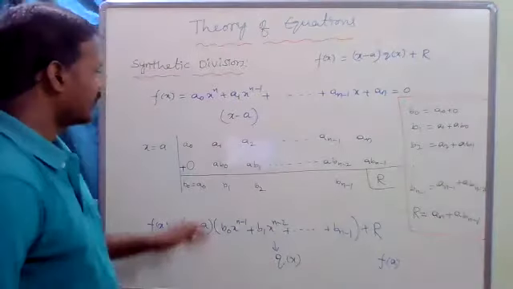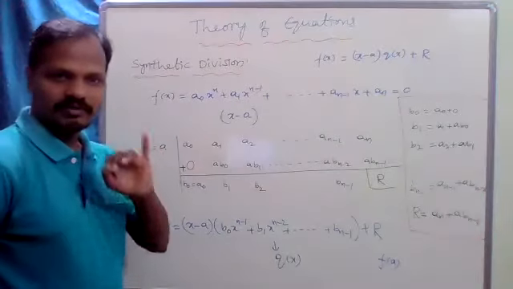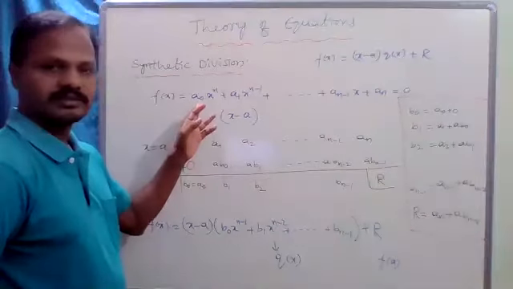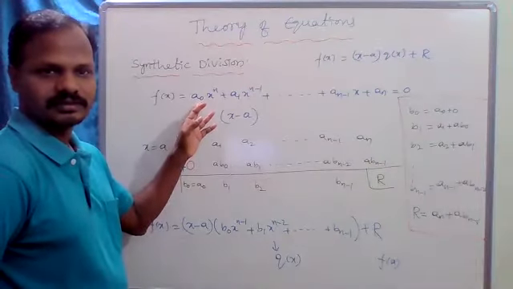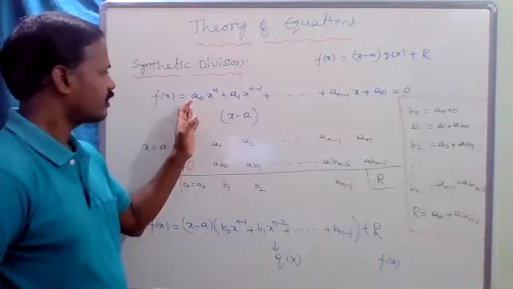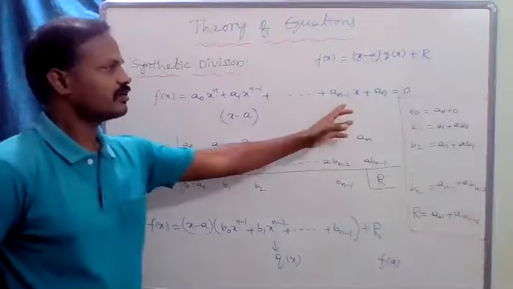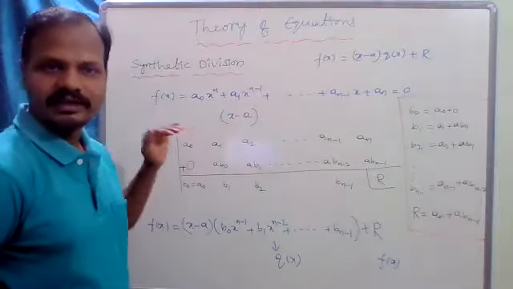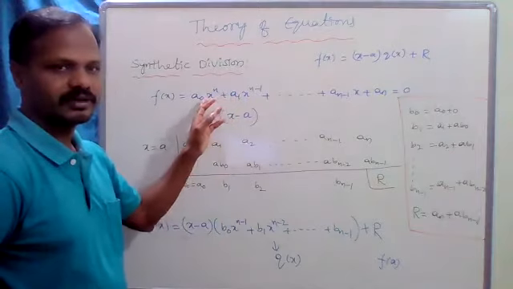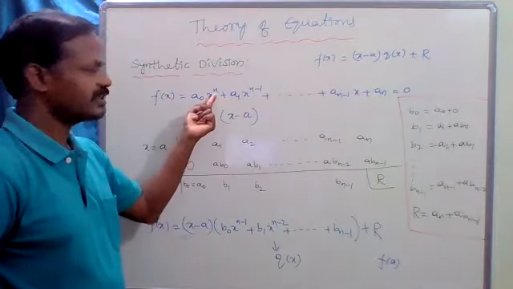Okay. Sorry. The first step is you have to write the coefficients in the polynomial equation. The coefficients are a0, a1, a n minus 1, a n, in decreasing degree of the terms. What is the highest degree? It is x power n.